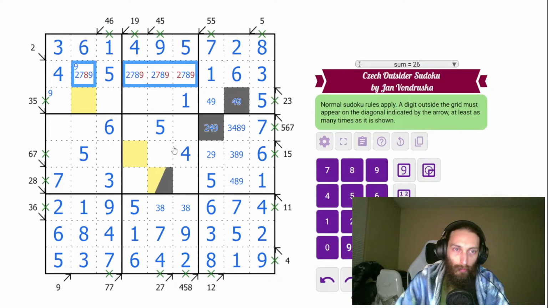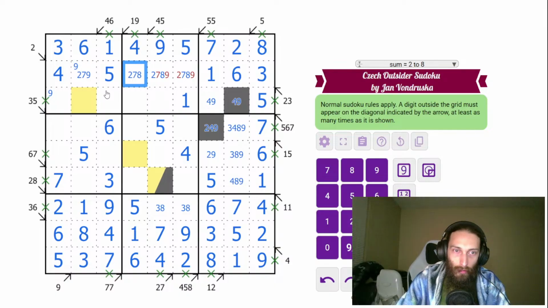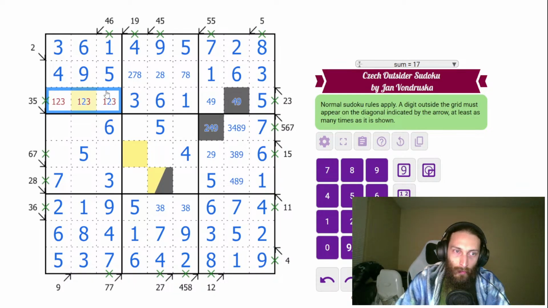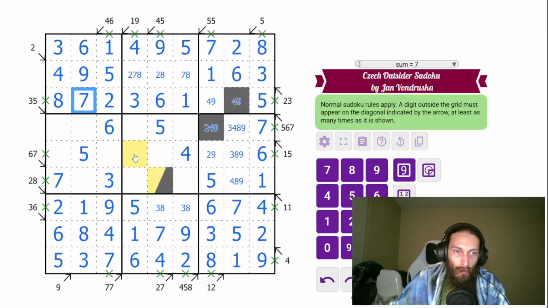5, 6, 3, 8. None of these are 9, which sort of implies that this has to be 3 and 6. 1, 4, 9, 5, 8. 2, 7. Okay, 2.